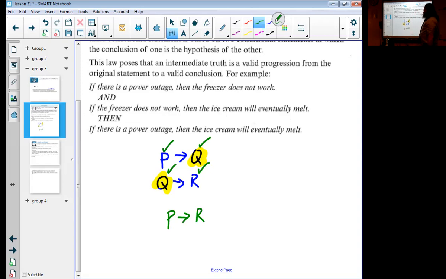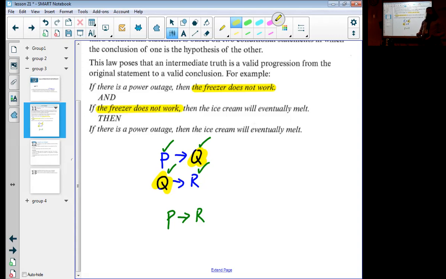So here, for this one, it says that if there is a power outage, then the freezer does not work. And if the freezer does not work, then the ice cream will eventually melt. Well, here we have the freezer does not work, and here we have the freezer does not work.